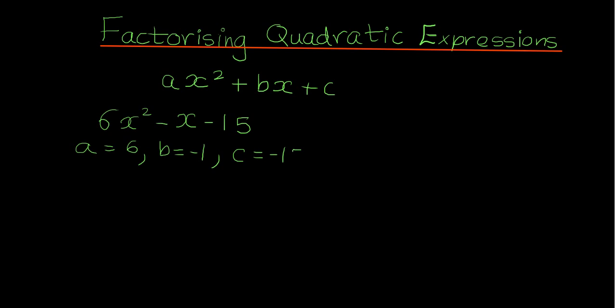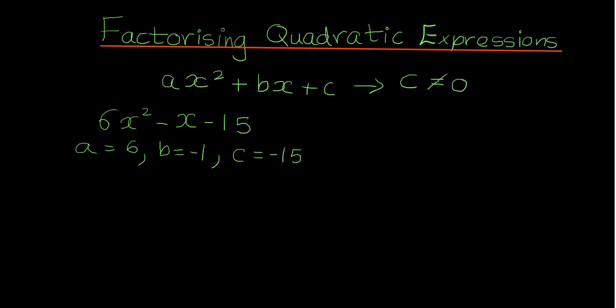So in order to factorize such a quadratic expression where the value of c is not 0, and remember, c would be either a positive or negative number, but it won't be 0, that's when we use this kind of factorization.